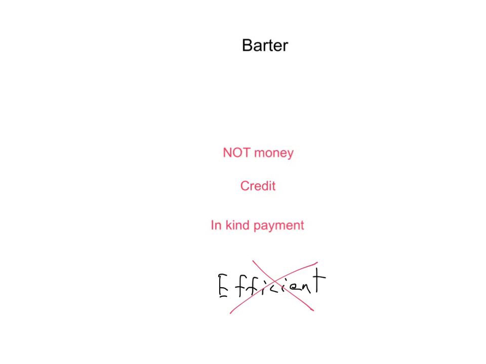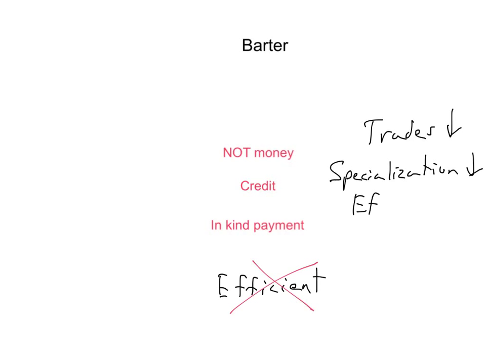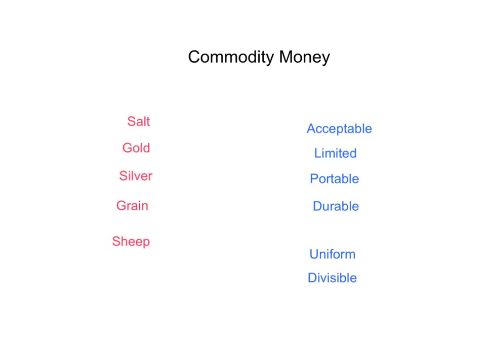And so the amount of specialization is a little bit lower, and therefore efficiency is going to be really a lot lower. Without the ability to trade easily, we can't take as much advantage of comparative advantage. So people found ways to deal with this, and the first way is to use commodity money.